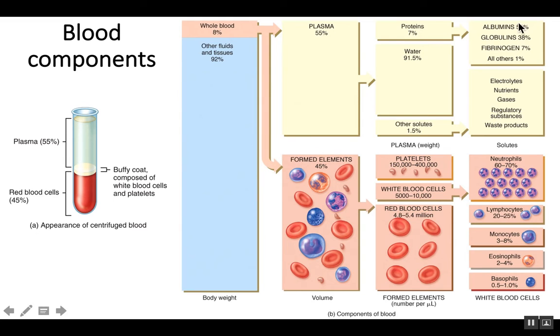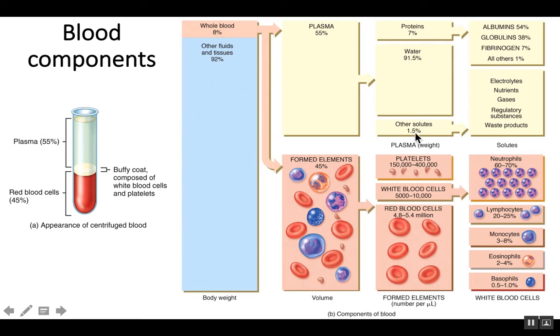These proteins can be then separated out into the specific types or categories, like the albumins, which are the majority of the proteins found in your plasma, the globulins, which are going to include things like antibodies that protect you from disease. Fibrinogen is 7% of the proteins. Fibrinogen, we're going to see its involvement in blood clotting.